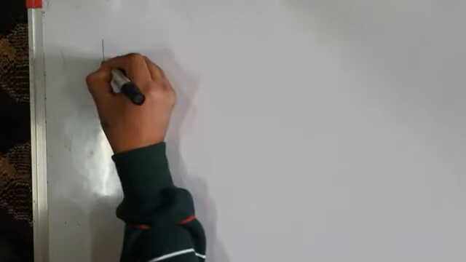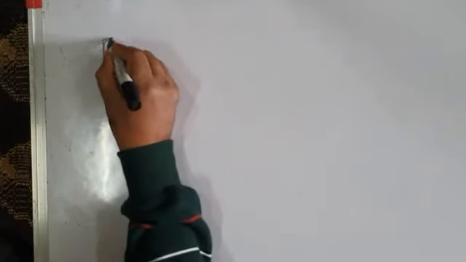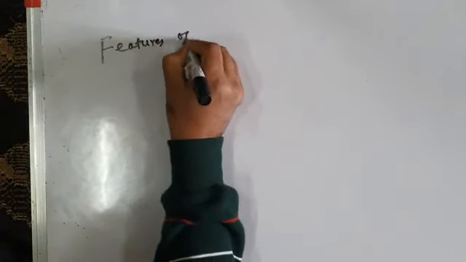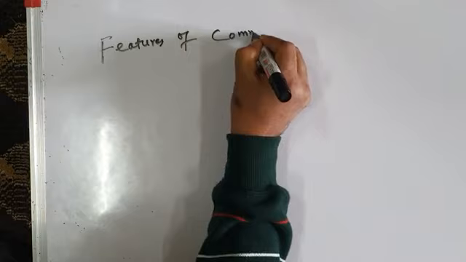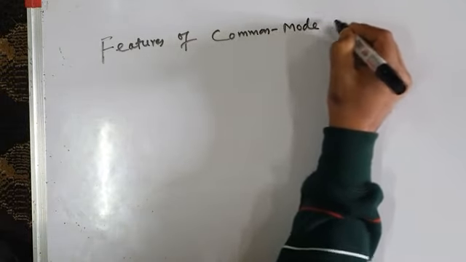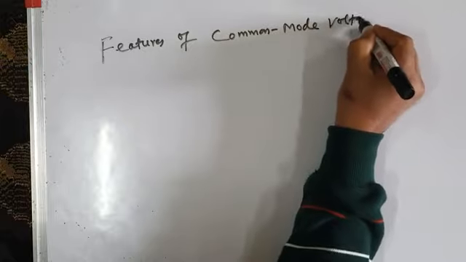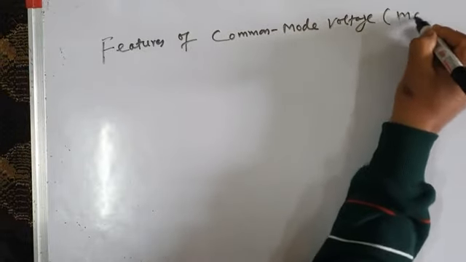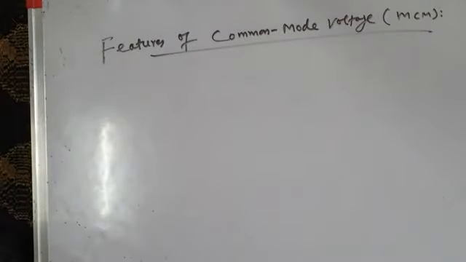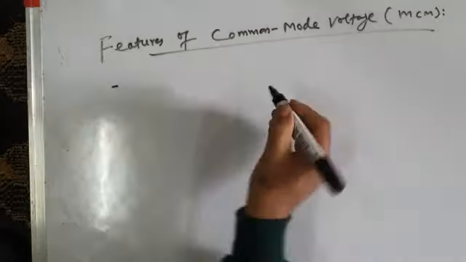And in the end, I would like to share with you some very important points about what should be the features of common mode signal. When you derive the common mode signal, whether it is for third harmonic injection PWM, which is a continuous PWM technique, or for bus clamping PWM techniques, which are discontinuous PWM techniques, it must fulfill certain requirements.